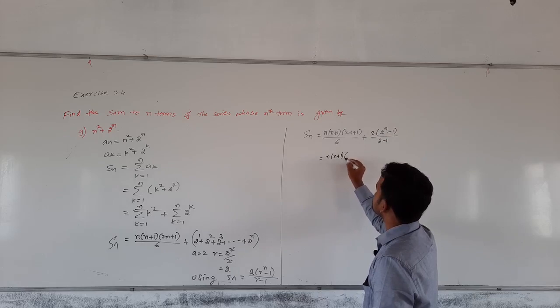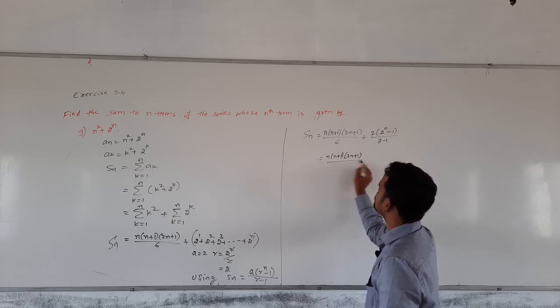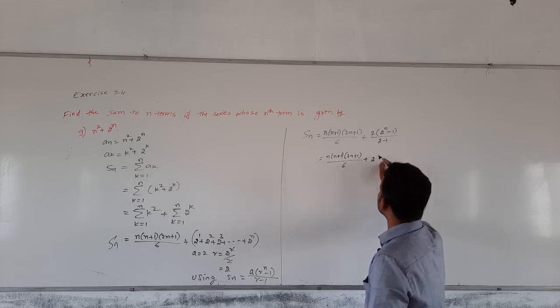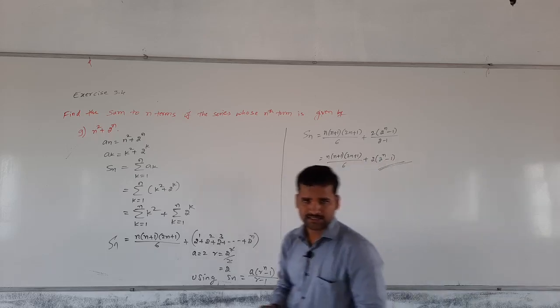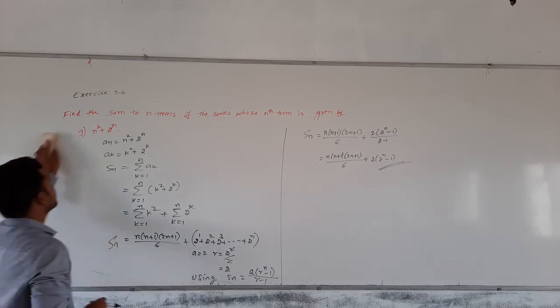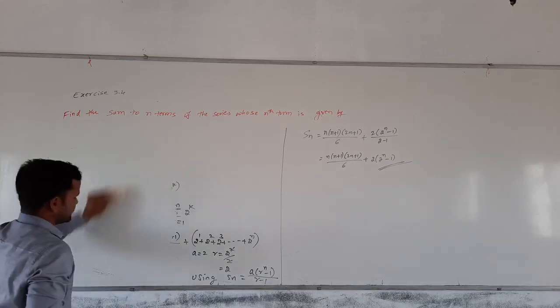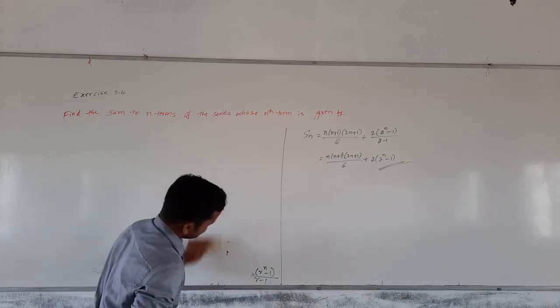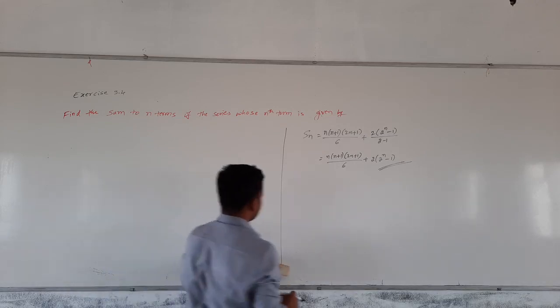So n into (n plus 1) into (2n plus 1) whole divided by 6 plus 2 into (2 raised to n minus 1) is the final answer. This is about question number 9 in exercise 9.4. Now we will go to the last problem of the exercise, problem number 10.